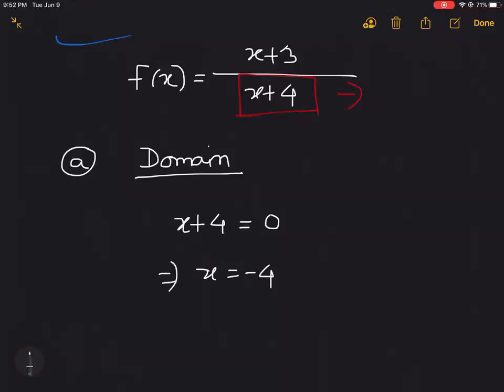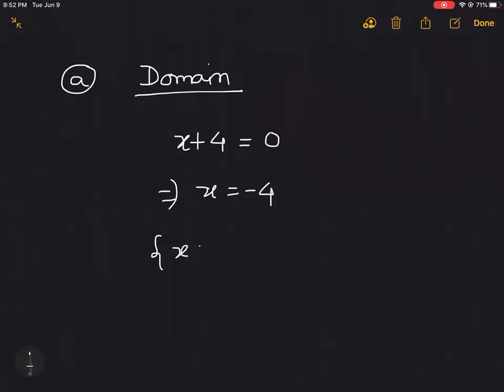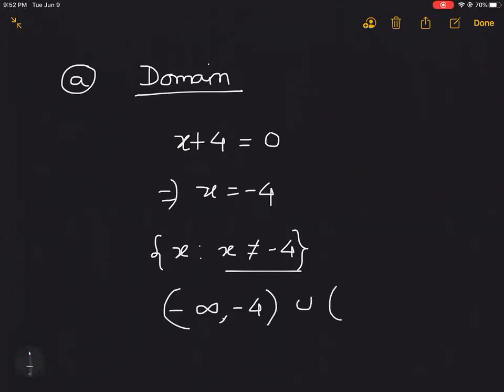So apart from -4, everything else will be our domain, right? So we'll say our domain is all the x such that x is not -4. Without -4, apart from -4, everything else is domain. So that's how we can write it. Or using the interval notation, we can write it like this: from -infinity to -4, union from -4 to infinity. That means we are actually excluding this guy, -4, and apart from that, everything is our domain. Okay?